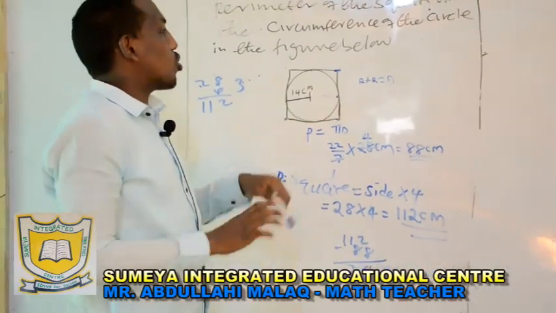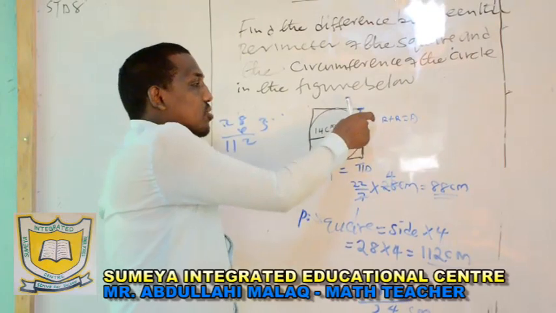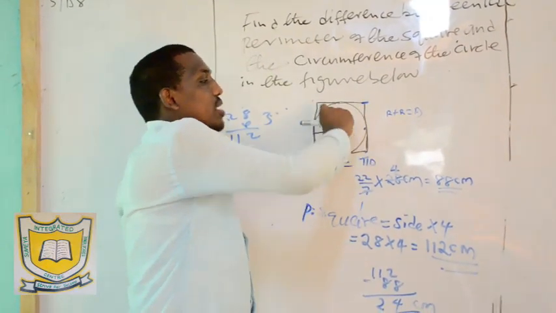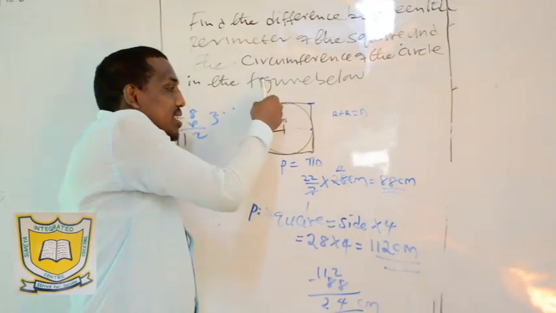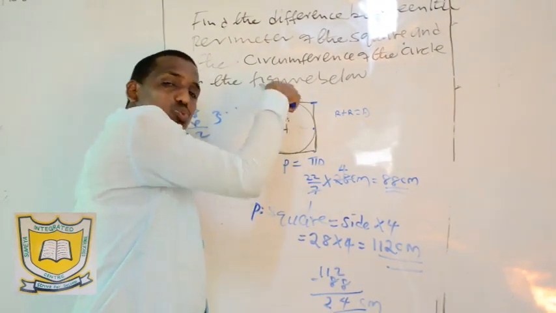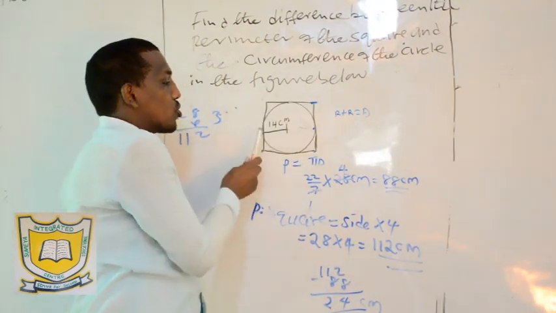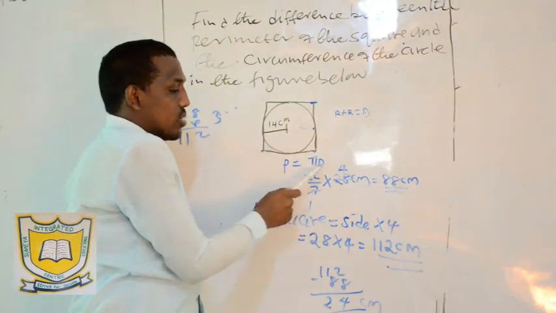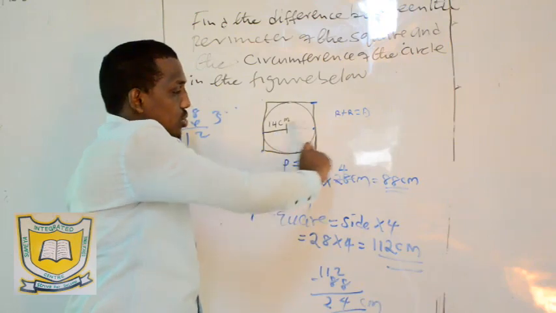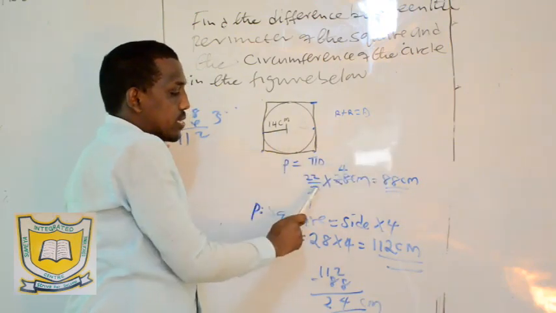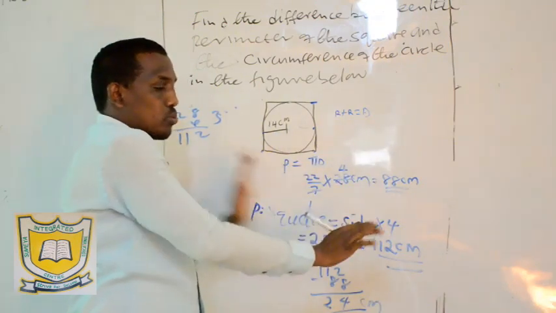So I'm repeating: you are told to get the perimeter difference. Here we have two figures. You get the perimeter of the square, and you get the perimeter of the circle which was inscribed inside the square. Then you subtract. So circle is pi D: 22 over 7 times 28. The diameter here is 14 plus 14, you make the line full. By 7, 1; by 7, 4; you get 88. You put it aside.